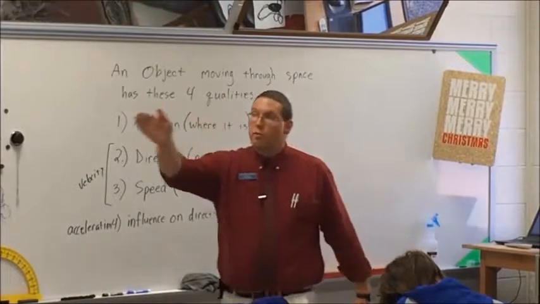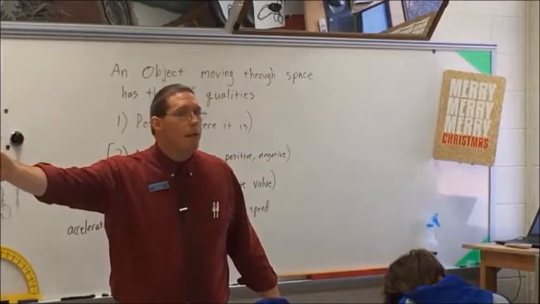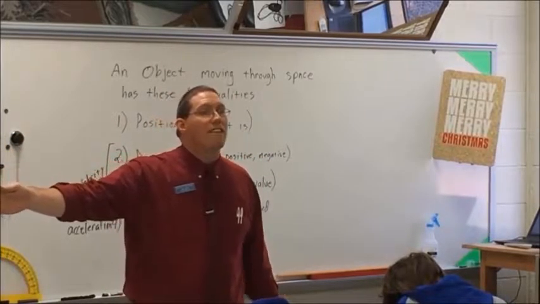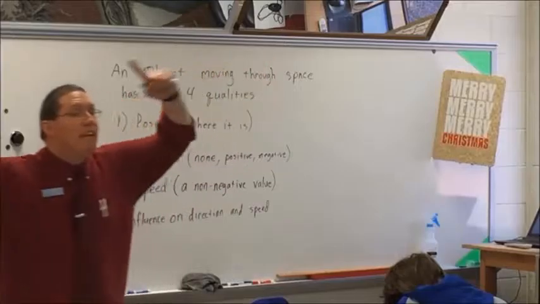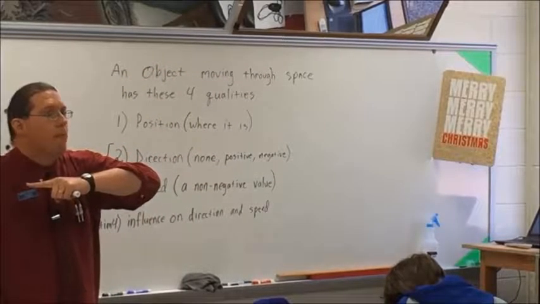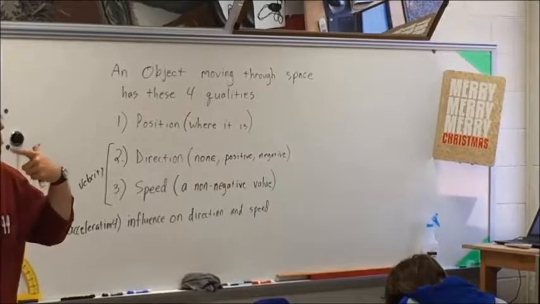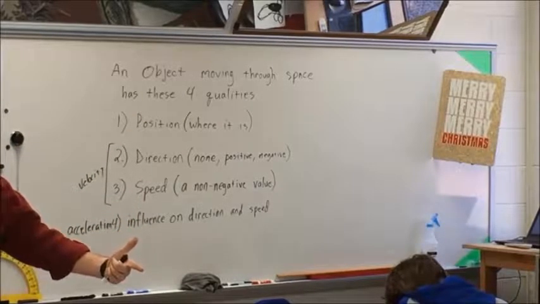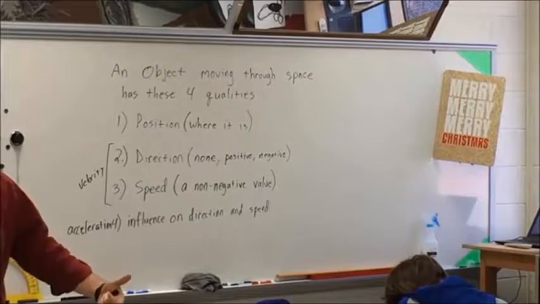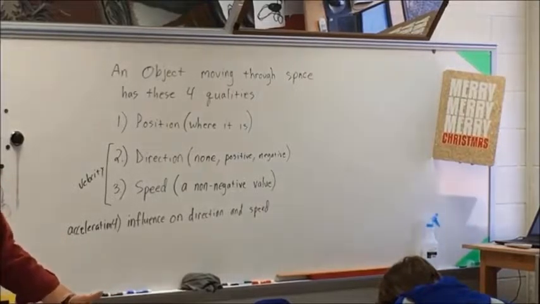So, if the object is moving in a negative direction, and the object receives negative acceleration, that means it's being pushed in that direction. It will speed up and as a result, go faster.